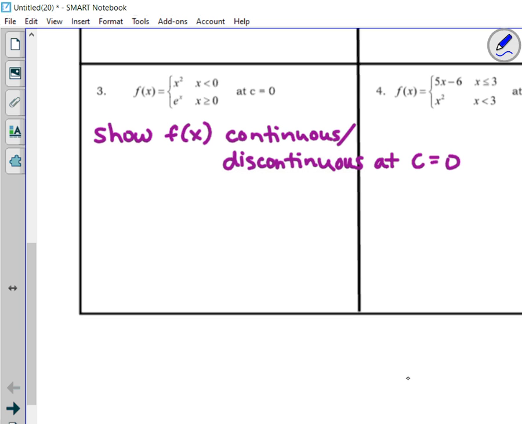Now, there's lots of ways to make an argument about something. Our goal is to make that argument as correctly as possible and as succinctly as possible. We don't want a lot of blah, blah, blah.